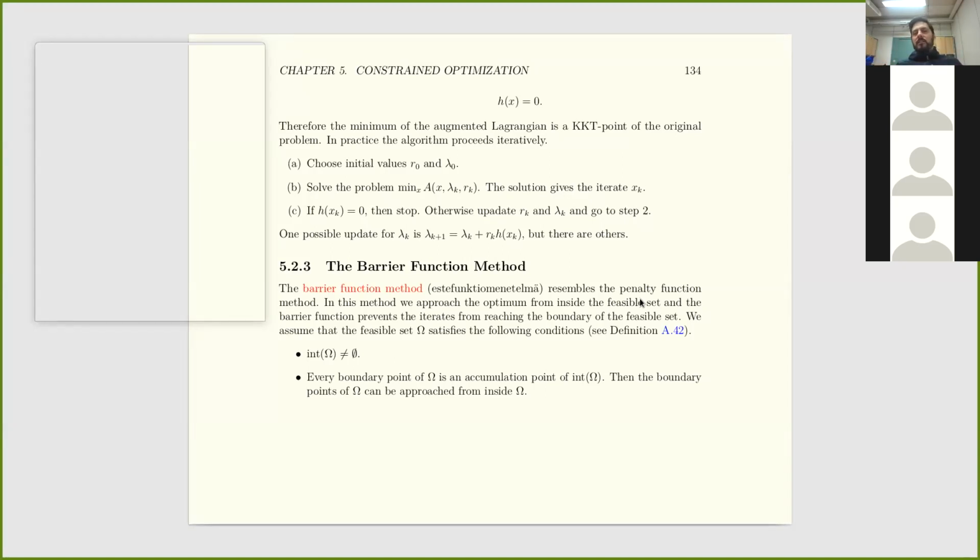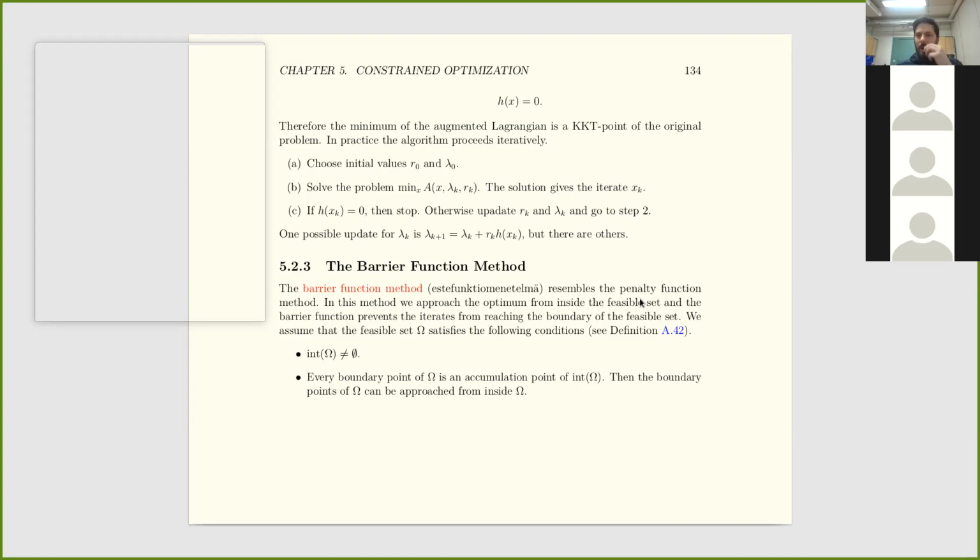For instance, if we have only equality constraints, x1 squared plus x2 squared equals 1, it means that every point is a boundary point, because no matter what region you build around that point, it will always contain points that are inside and outside. So no points in that case are interior points. So the barrier function method will not work if you don't have a non-empty set of interior points.